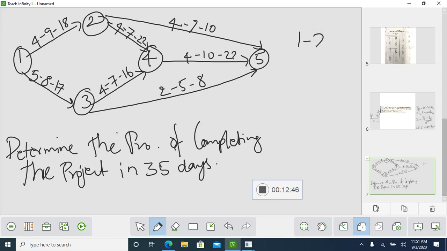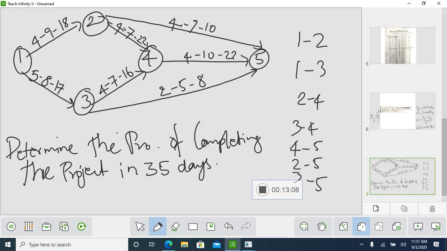1 to 2 is one activity. 1 to 3 is one activity. Next 2 to 4 is another activity. 3 to 4 is another activity. 4 to 5, 2 to 5, 3 to 5. So these are the activities you have.